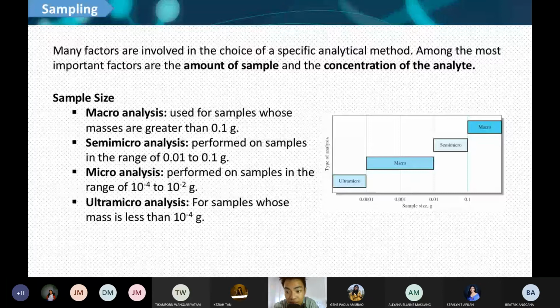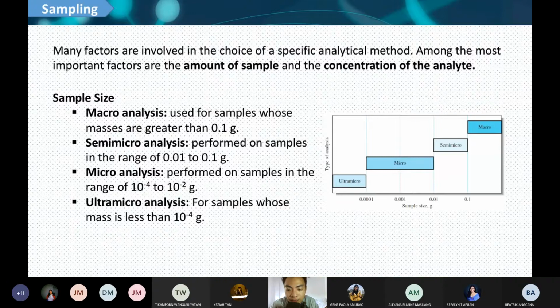However, as your sample size decreases, you have to adopt newer methods that are applicable to that quantity of sample. If we lower the sample size to 0.01 to 0.1 grams or 0.01 to 0.1 ml, then you are going to do semi-micro analysis.